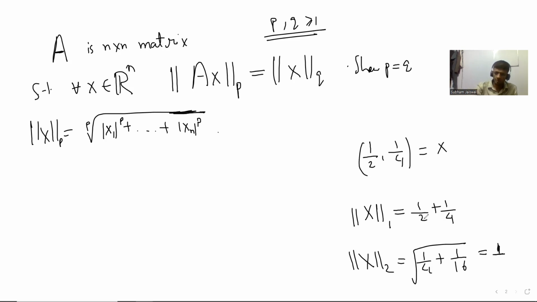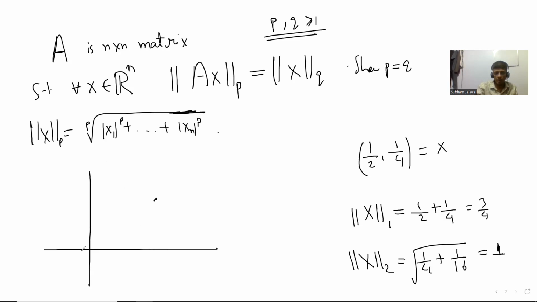Just work it out. The first one is bigger, right? The first one is always bigger. So the point is that as p increases, the length of the vector actually decreases. And it's not very difficult to see.